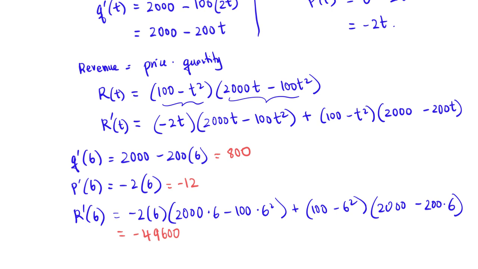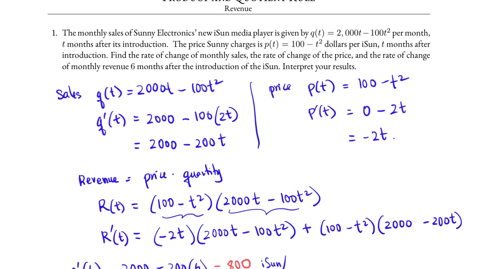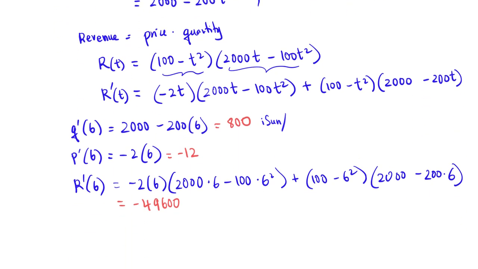The rate of change of the quantity is the number of ISON units per, and the T represents months, so this is per month. For the price, the rate is dollars per month. And for the revenue, the unit is dollars per month.